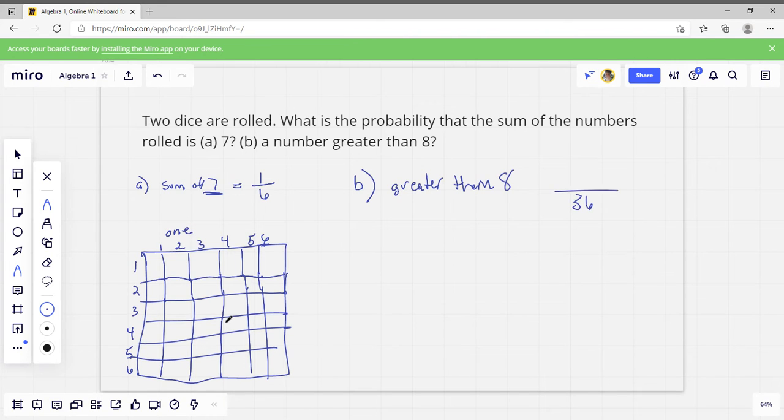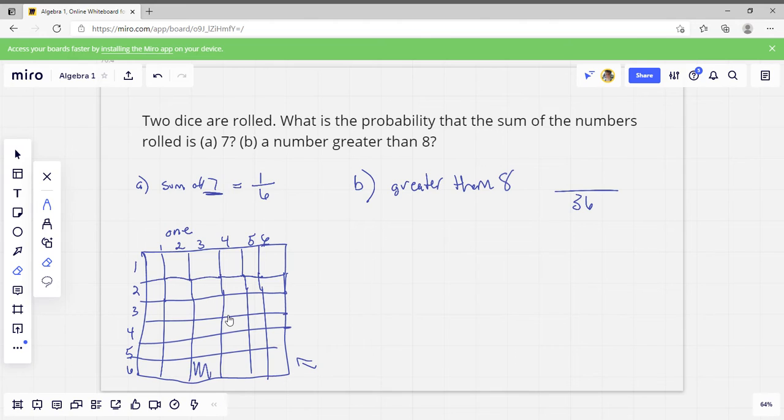We have 36 boxes here. Now, how many of them are more than 8? Well, we'd have to have 6 plus 2 could be 8, right? And 6 plus 3 would be 8 or more. Well, would it be equal to 8?